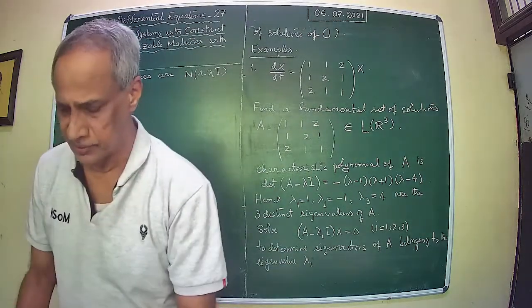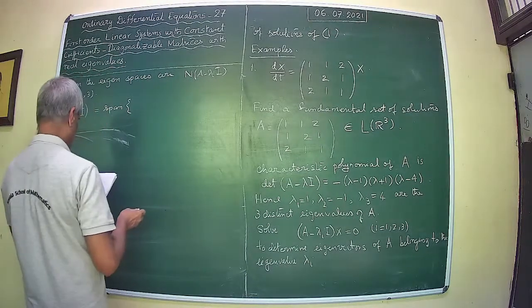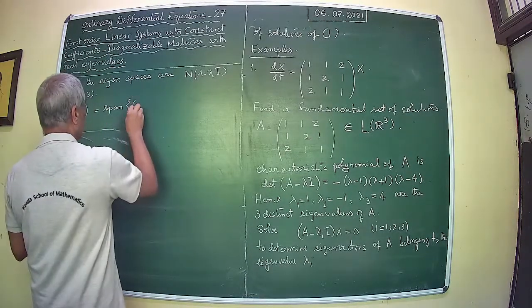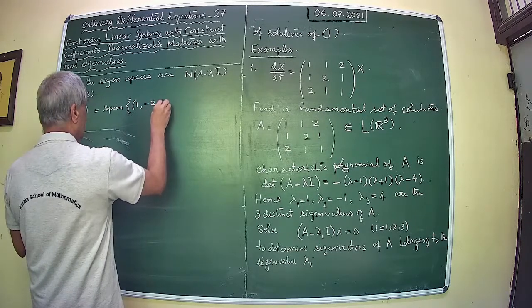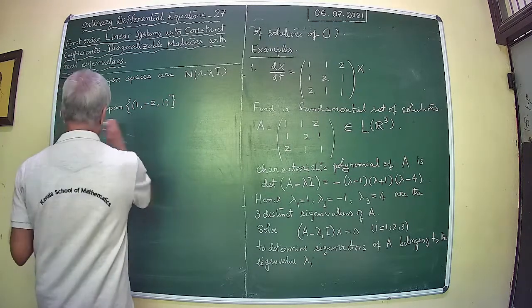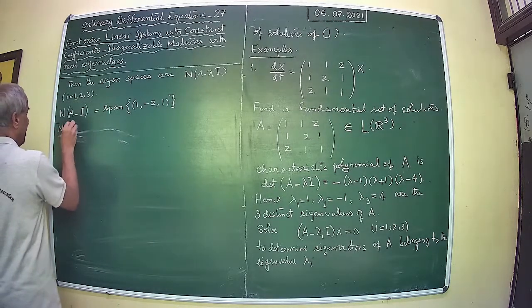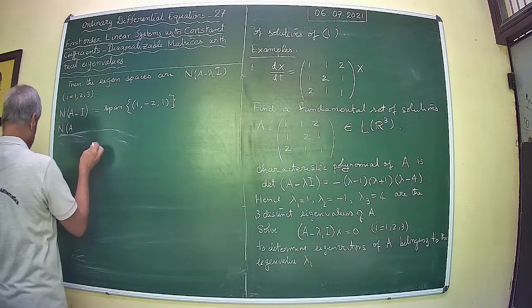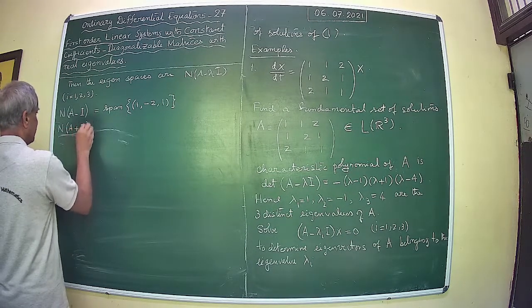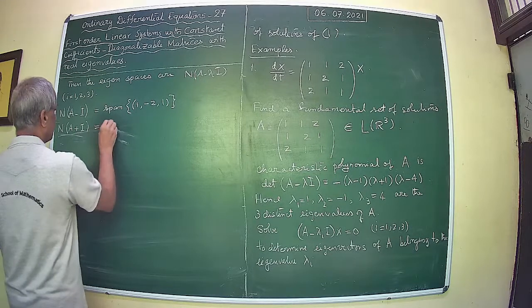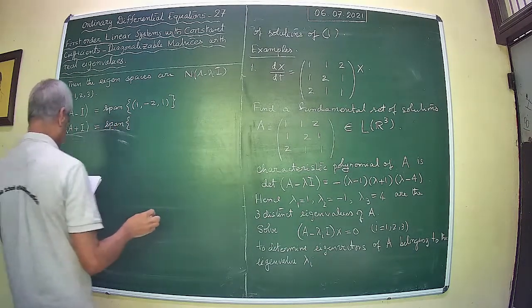I have it computed here. Then the null space of A plus I is the span of the vector.